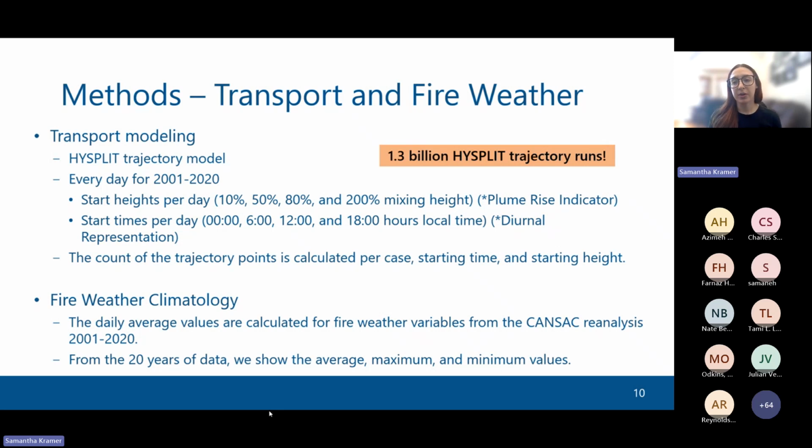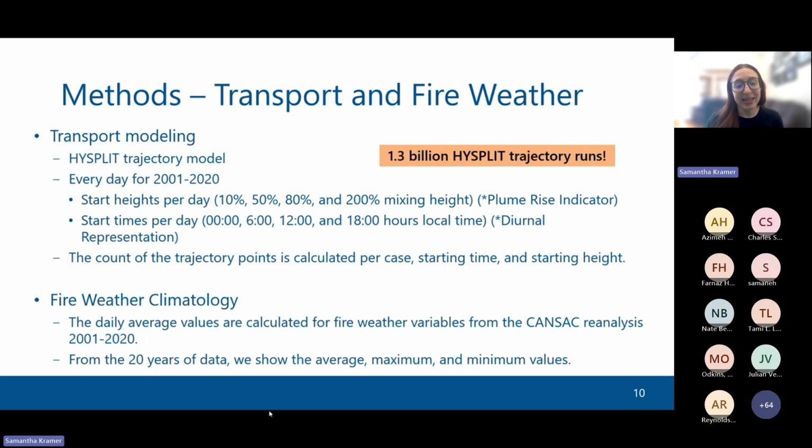So we wanted to make sure that we were representing a full day when we looked at possible smoke. So for every single day, 4 times per day, at 4 heights per starting time, we ran a trajectory to see where, if you release smoke, that air will end up. And I'll just say that ends up being 1.3 billion model runs. Yes, B as in billion. So there is a lot of data.